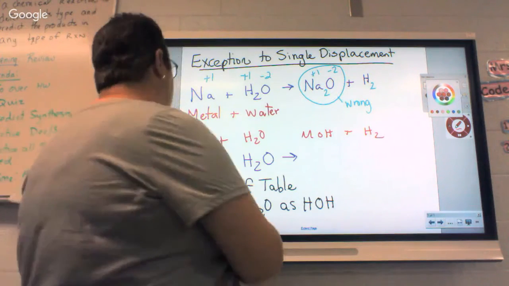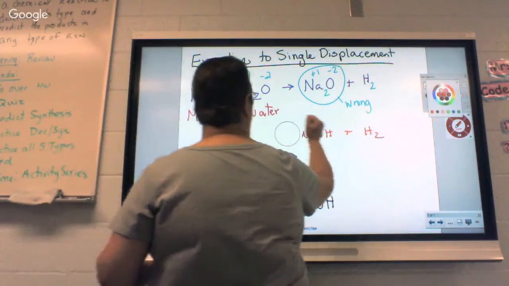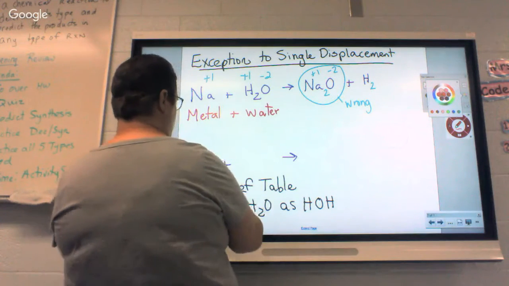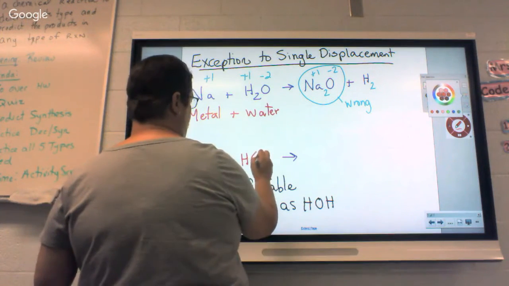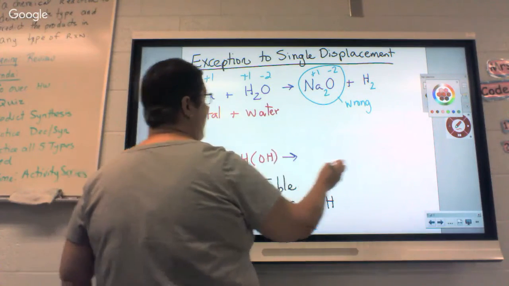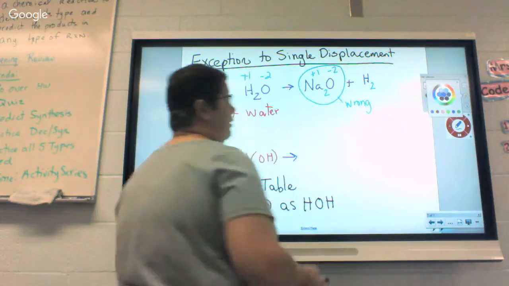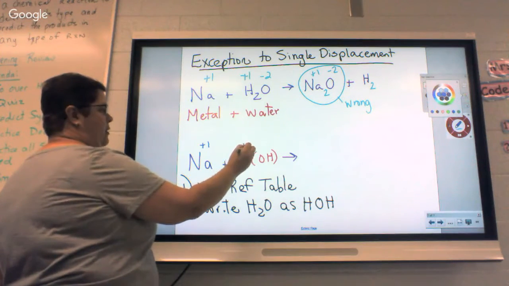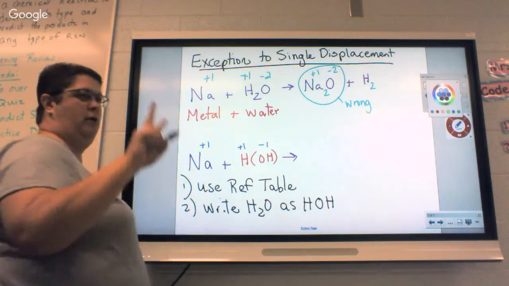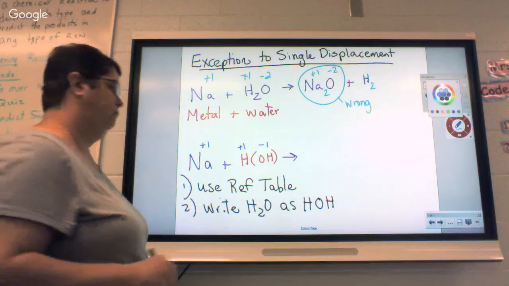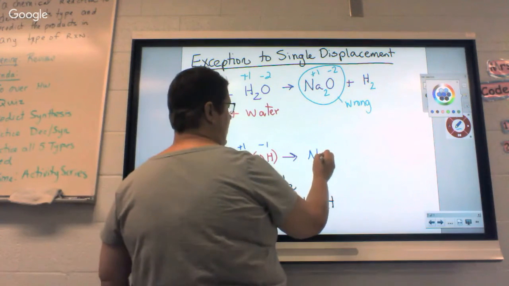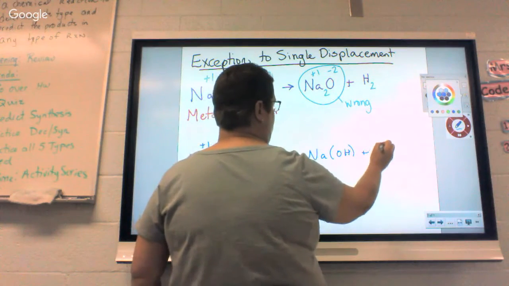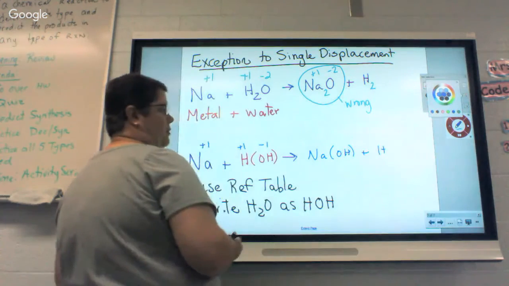Okay? Now, if that doesn't float your boat, you can change water into HOH. Now, doing it that way is the same way it's always worked. So Na is plus 1, H is plus 1, OH is minus 1. Who switches? Na and H. So Na has OH, H has by itself.